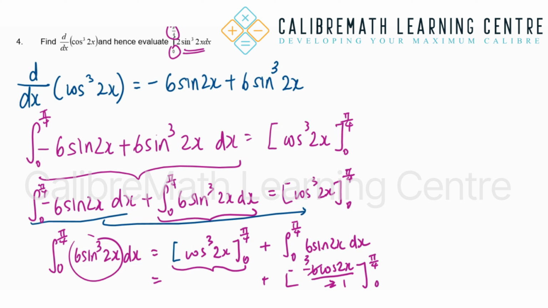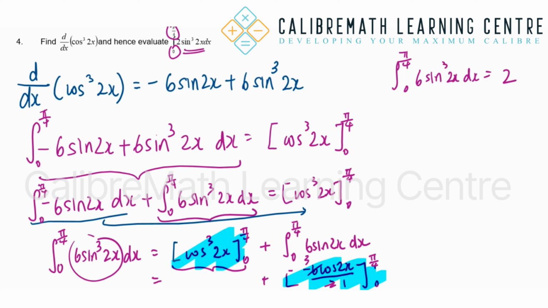Okay, so after you have substituted and gotten your answer for this part and this part, you should get your answer for your 6 sine cubed 2x to be equivalent to 2.